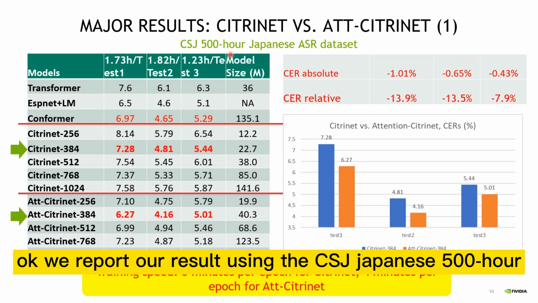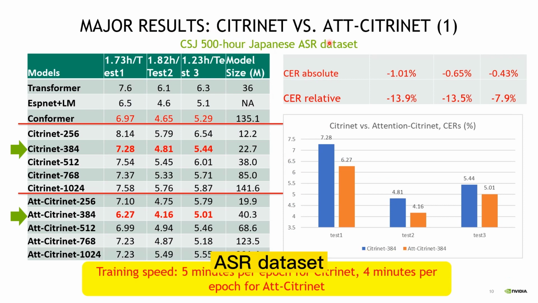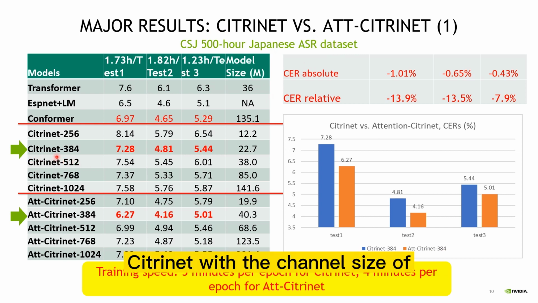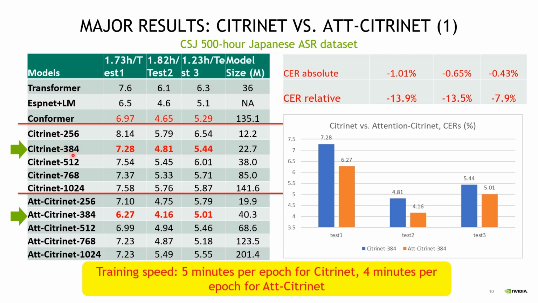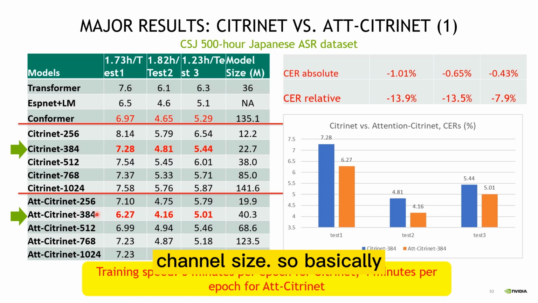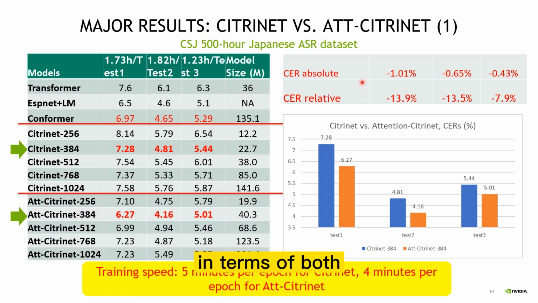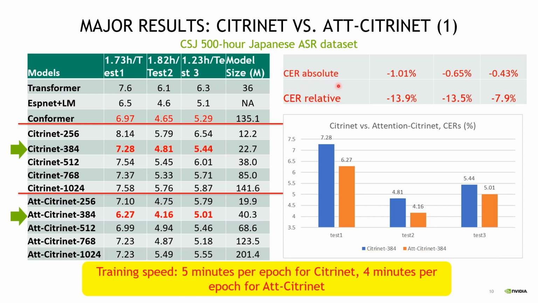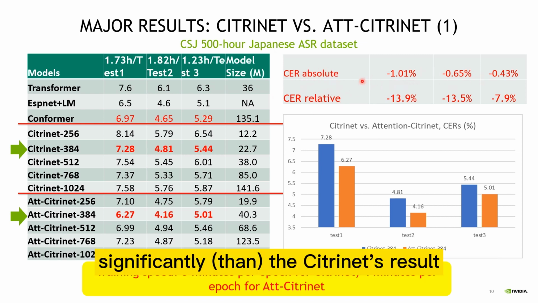Okay, we report our results using the CSJ Japanese 500-hour ASR dataset. The first comparison is Citrinet with a channel size of 384 and our attention enhanced Citrinet with a similar channel size. In terms of both absolute and relative CER, we improve significantly over the Citrinet result.